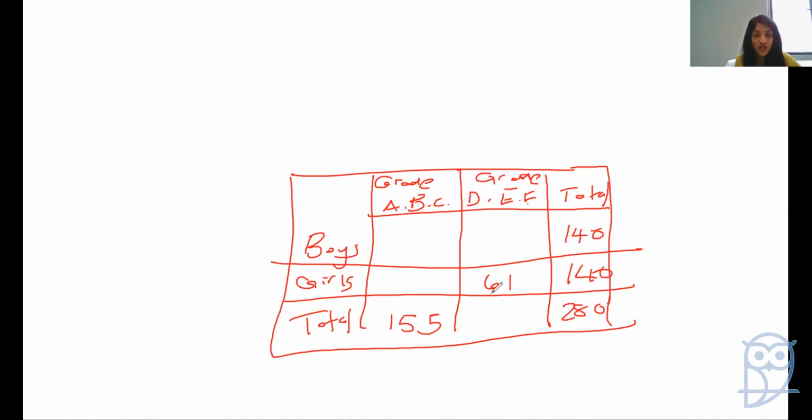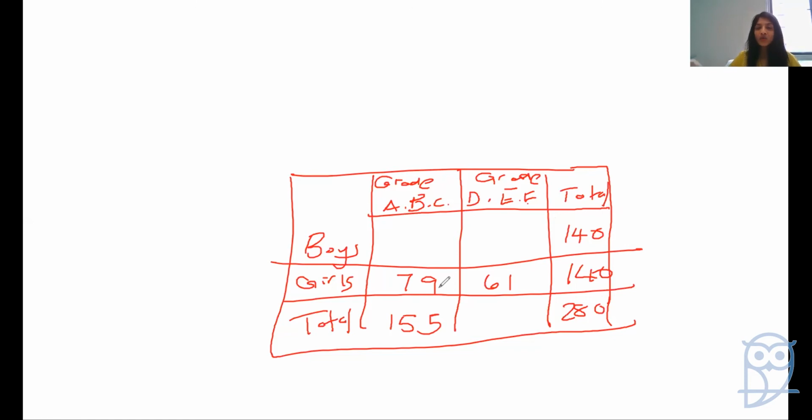Let's go with what the girls are getting firstly. 61 girls get D, E, or F. So what we're going to do is take 140 and minus the 61 from it, and your answer will be 79. So we know if 61 girls are getting D, E, and F, 140 minus 61 is going to give us 79.